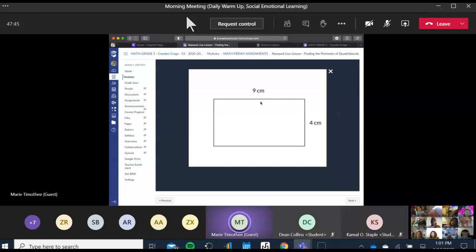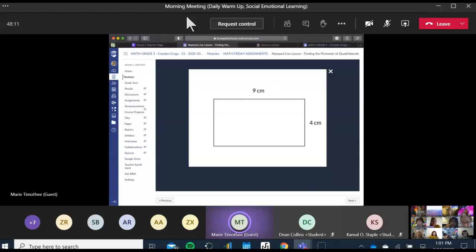Okay, so remember, when we're looking for the perimeter, if you can't see my screen, just look at the rectangle on your screen. Remember, when we're looking for the perimeter, we're finding, good job, Ziamia, we're finding the area of the whole shape. So it looks like some of us made a mistake here. Some of us only added what they gave us. We only added 9 plus 4.